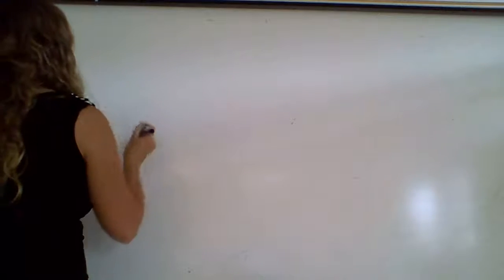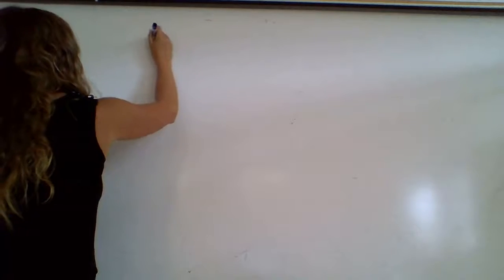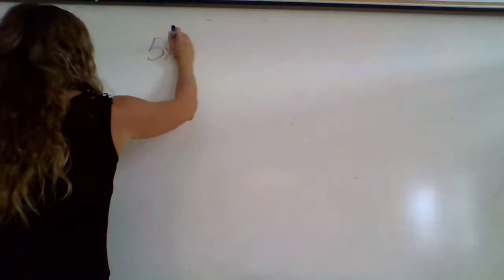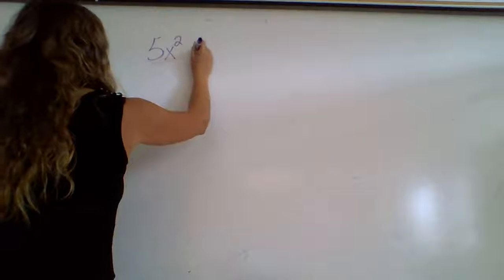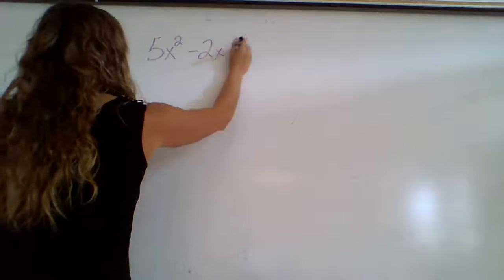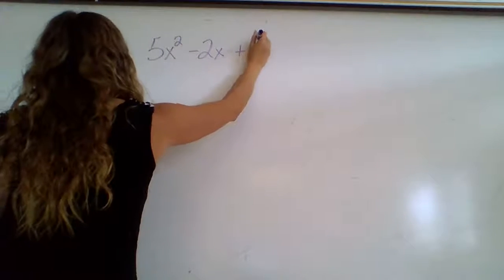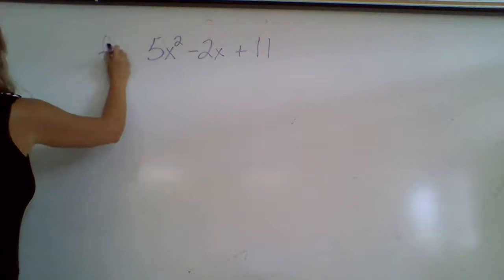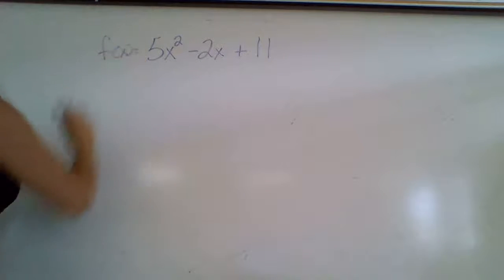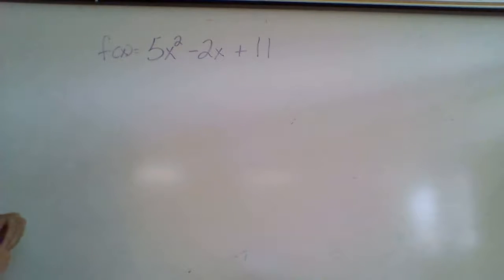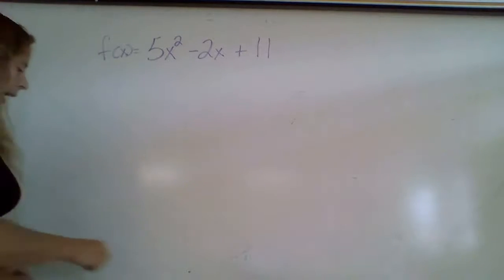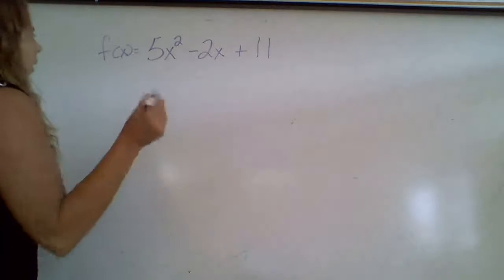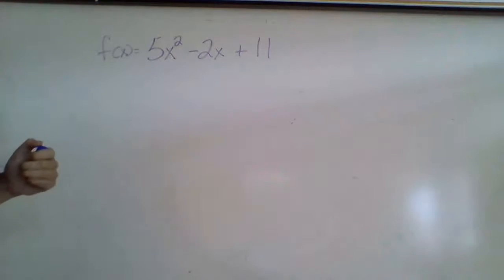Let's do 5x squared minus 2x plus 11. Oh, let's do f of x. f of x equals 5x squared minus 2x plus 11. And they say that, hold on one second, I'm going to pause you.